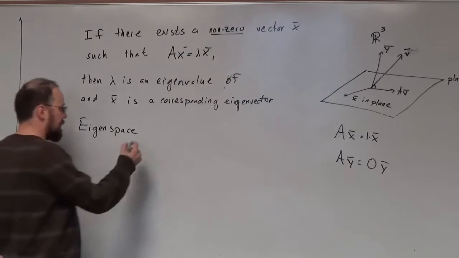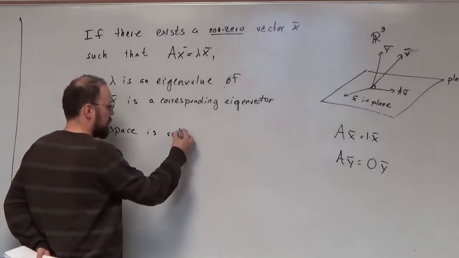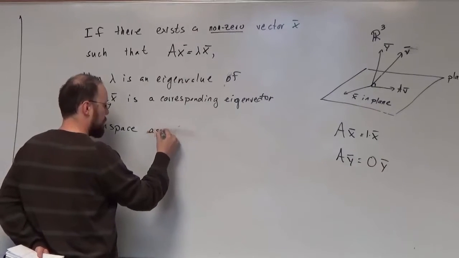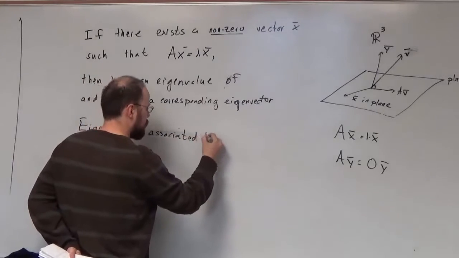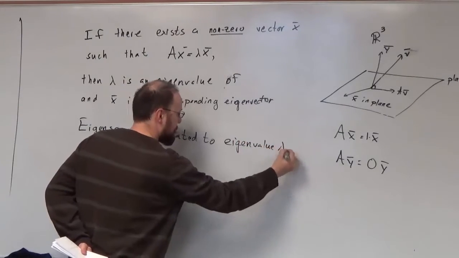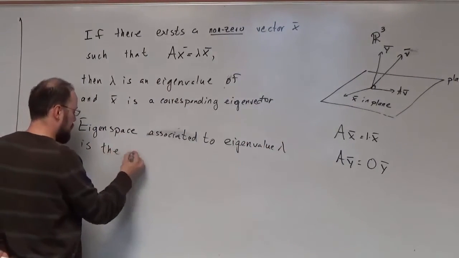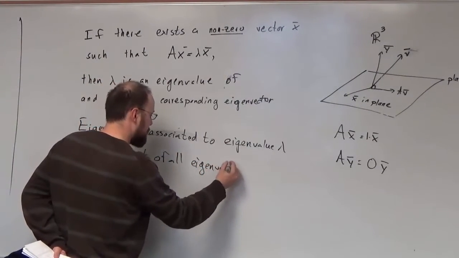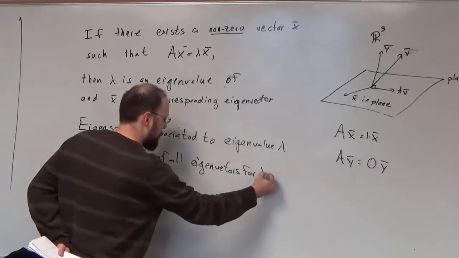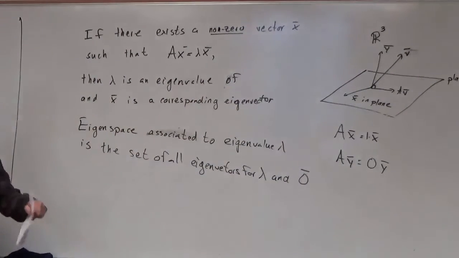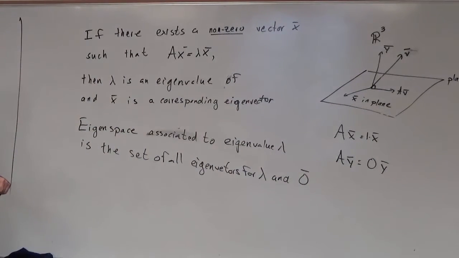So let's just say the eigenspace associated to eigenvalue lambda is the set of all eigenvectors, I mean, for lambda, and the 0 vector itself, right? So we just throw the eigenvectors together with the 0 vector, and then you have a subspace, an eigenspace. Okay.